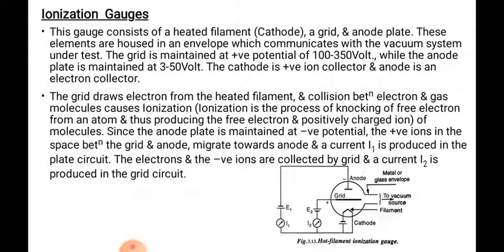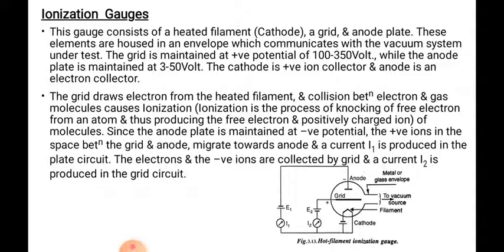Since the anode plate is maintained at negative potential, the positive ions in the space between the grid and anode migrate toward the anode, and a current I1 is produced in the anode circuit. The electrons and negative ions are collected by the grid, and current I2 is produced in the grid circuit.